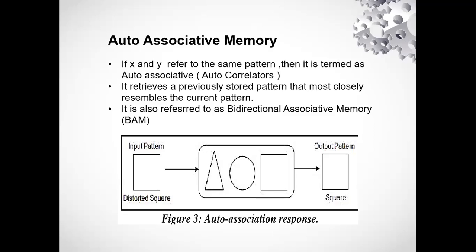Similarly, if I send a distorted triangle or circle, it will match to all the stored patterns, and the output will be given on Bayes theory, that is, whichever is closest matched will be sent as the output. This is also referred to as bidirectional associative memory. In short form, we call it BAM.